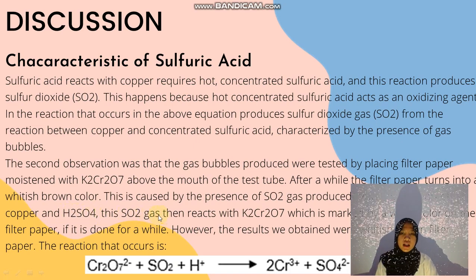This SO2 gas then reacts with H2Cr2O7, which is marked by a white color on the filter paper if it is done for a while. However, the result we obtained was a brown filter paper. The reaction that occurs is Cr2O7 2- plus SO2 plus H+ produces 2Cr3+ plus SO4 2- plus 5H2O.